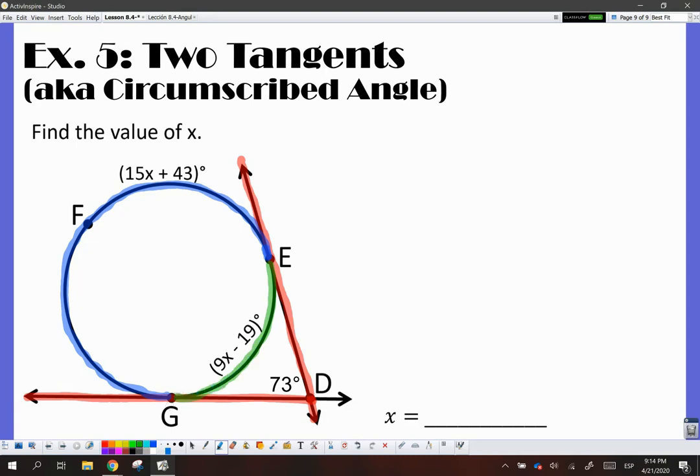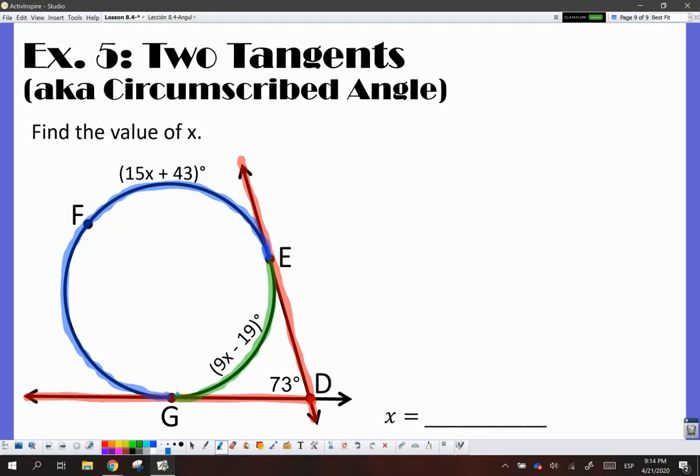And this is what I was talking about earlier. Notice that since both of my lines here are tangents, both of my arcs, this one EFG and EG, pretty much connect to each other. The only way to tell them apart, or the thing that separates them, is that point where the tangent touches the circle.